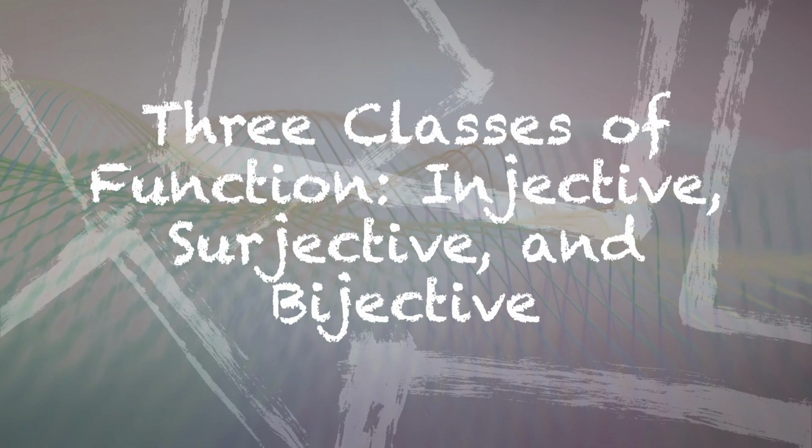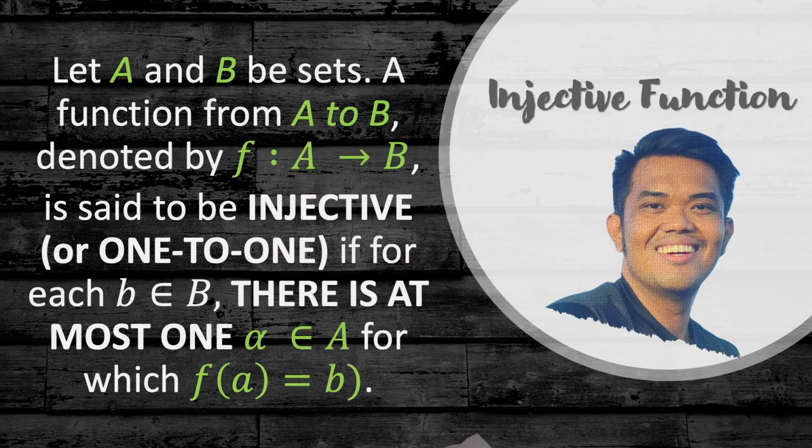Let's find out. Let A and B be sets. A function f from A to B is said to be injective or one-to-one if for each B, element of B, there is at most one A, element of A, for which f(A) equals B. The definition tells us that a set of ordered pairs must be a function first before determining if it is an injective function.